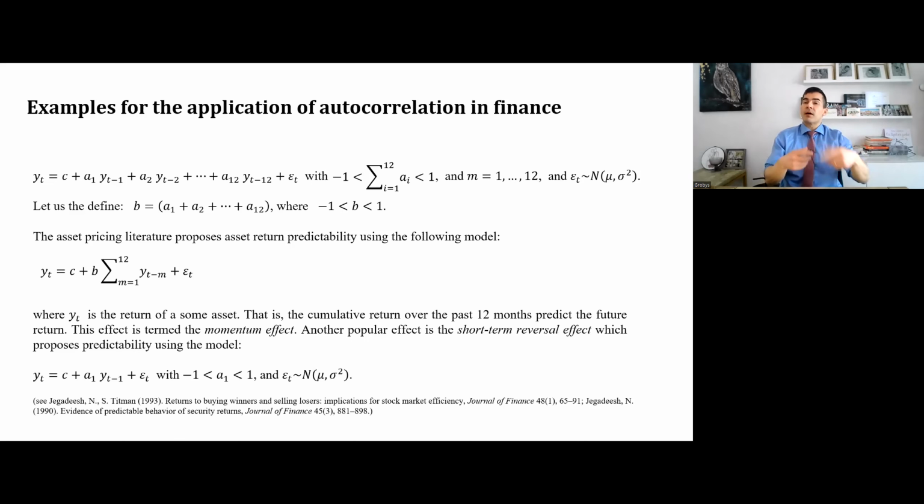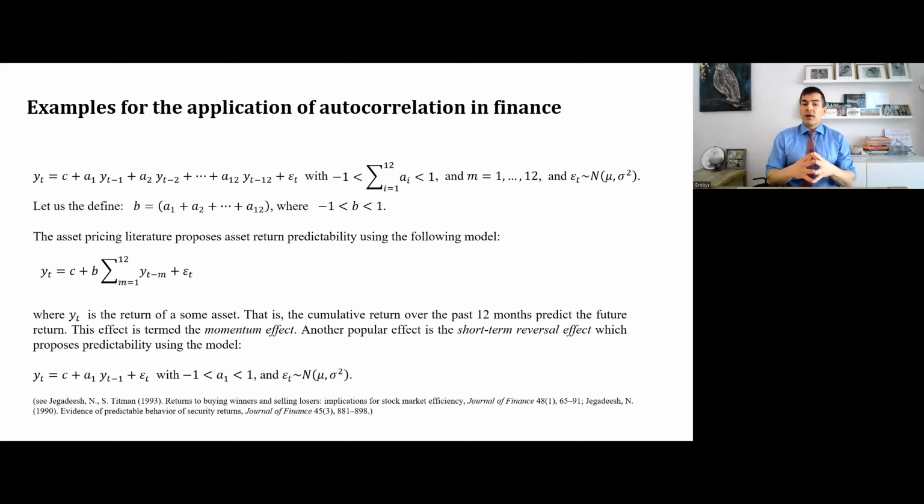Whereas if the cumulative past return is low, the future return of that asset will also be low. The spread between a portfolio of high minus low cumulative past returns is on average 1%. This is what the momentum literature suggests.